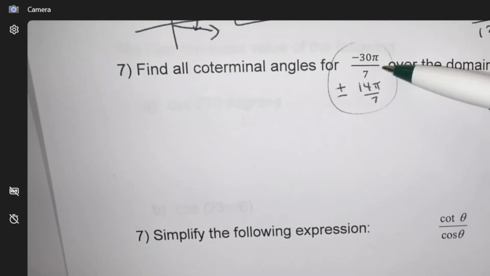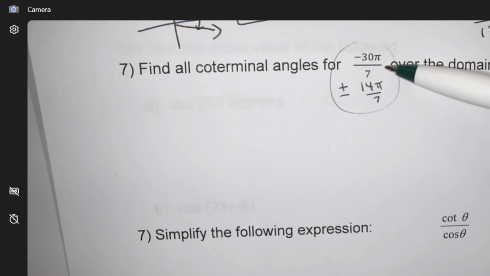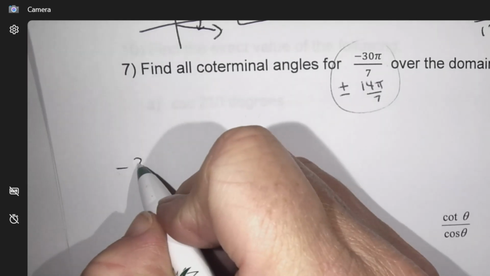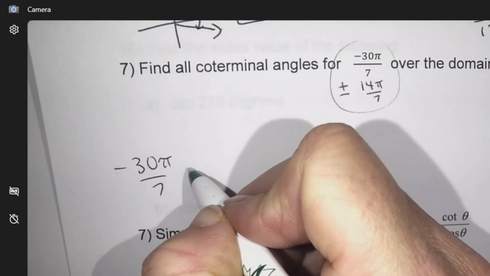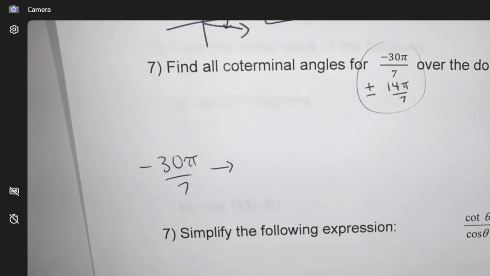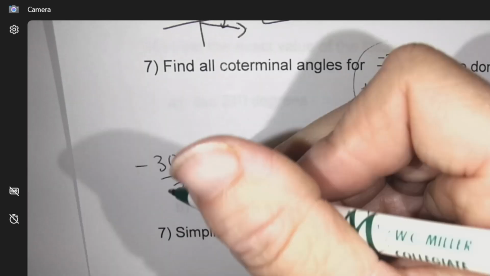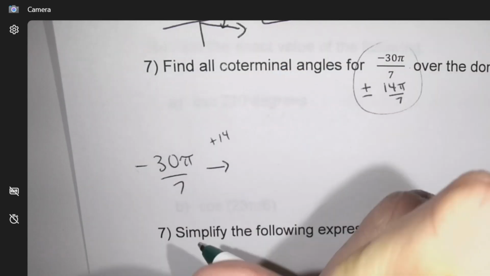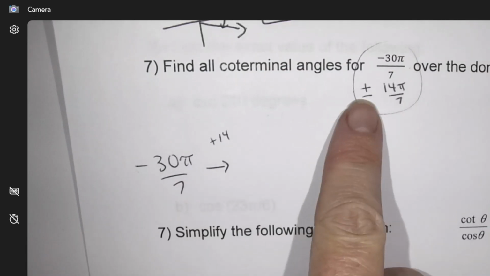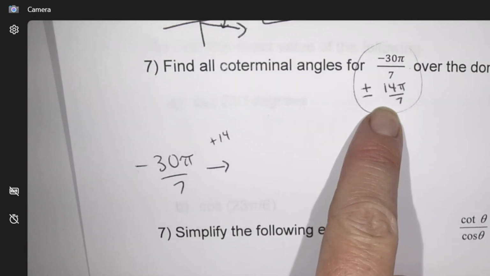So you know what? Our original is already too low. So we're never going to go lower than that. Okay, so we're going to be going in increments of 14.